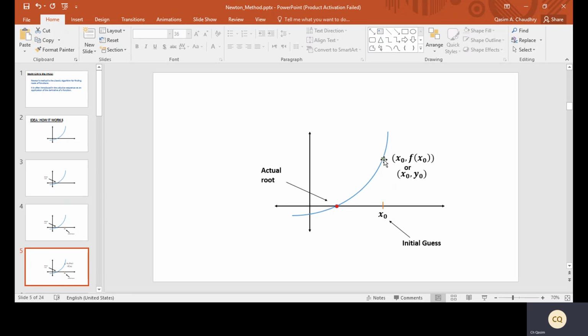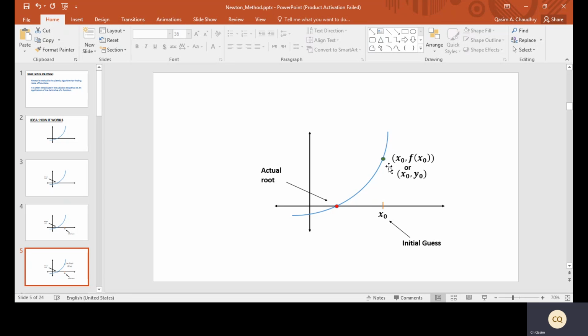I will show you an example where, if you have an initial guess x naught, maybe there is no point on the function because this point is out of the bound of the curve. I will give you the example, inshallah, don't worry. So this is your initial guess, and the coordinate on the curve is x naught, y naught, or x naught, f of x naught.